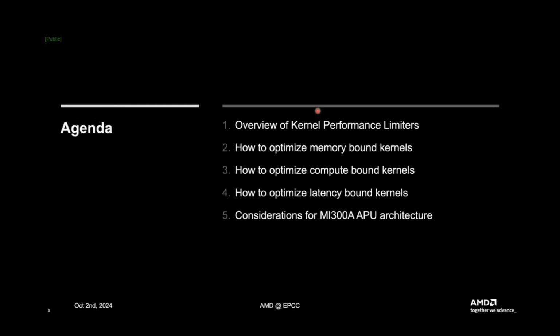In this talk, we will look at what the major kernel performance limiters are, and once we know those, how we optimize for each of those different types of kernels. And then I added a slide on what you need to think about when you have MI300A available to you.